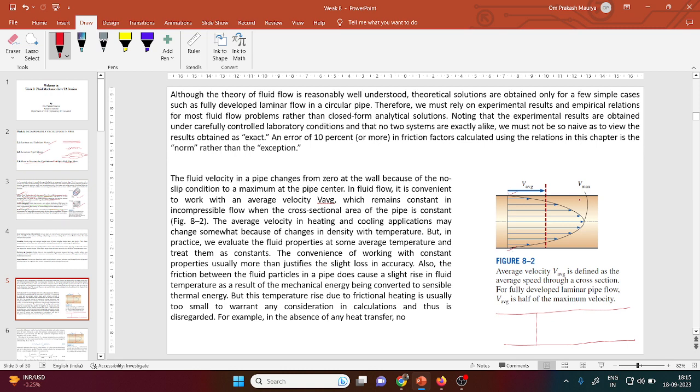At both ends the velocity is 0 and it increases towards the middle of the pipe. At the middle the velocity is maximum. This is the very basic thing.